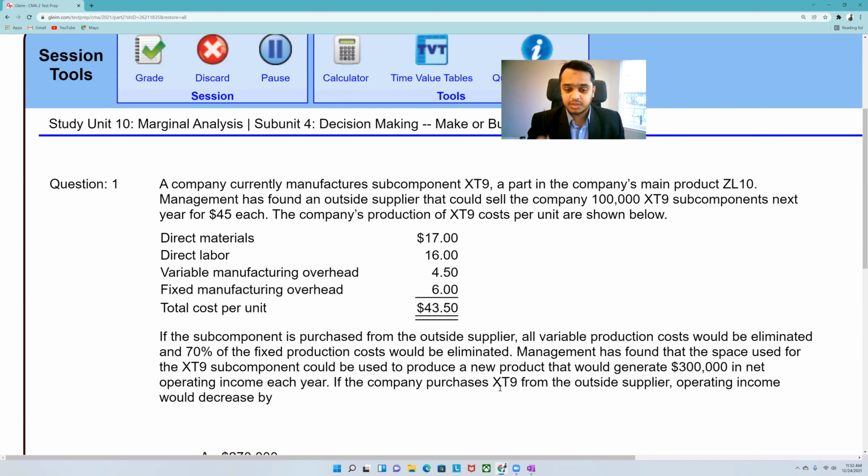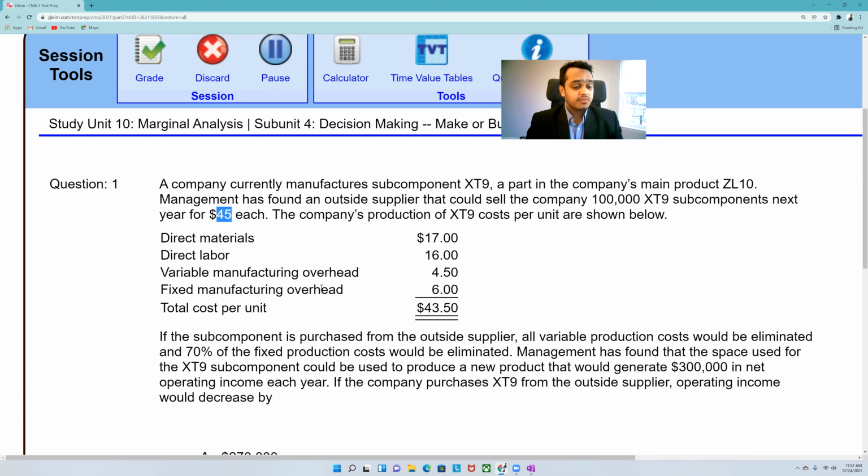The company's production costs per unit are shown below: $17 direct material, $16 direct labor, $4.50 variable manufacturing overhead, and $6 fixed manufacturing overhead. So the total cost is $43.50, and the supplier is going to sell us the component at $45 each. But we manufacture it at how much?